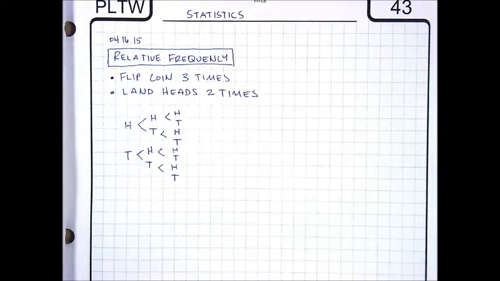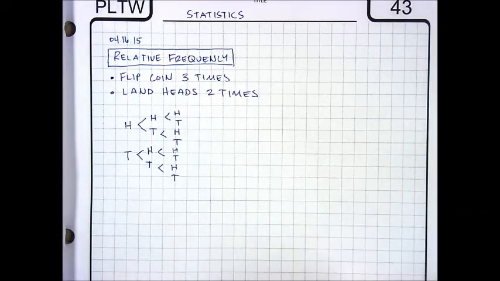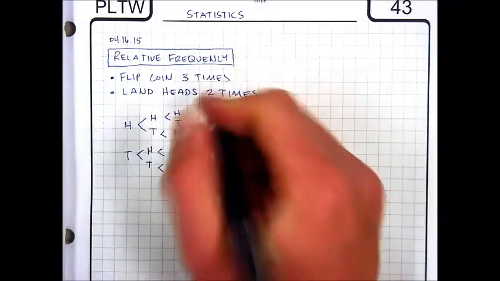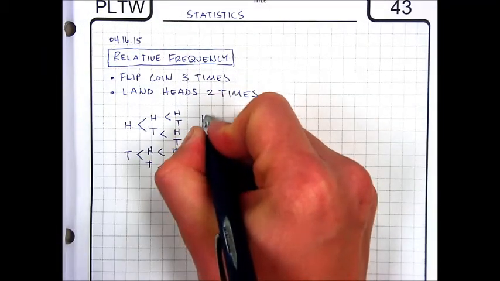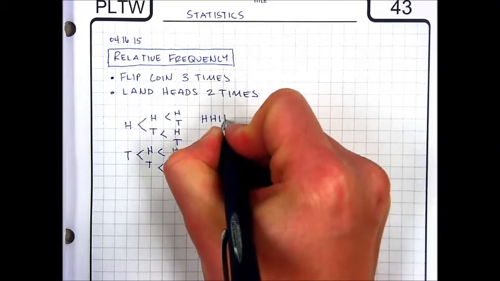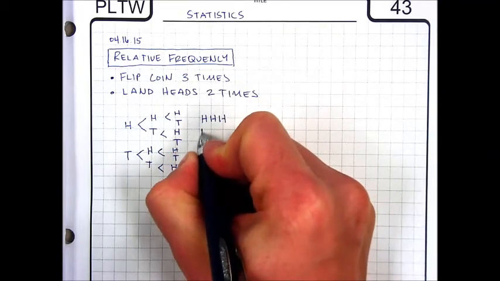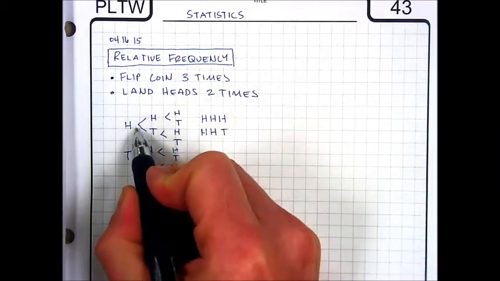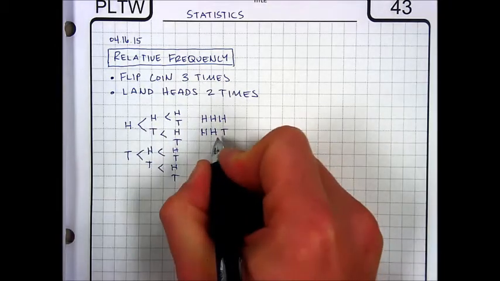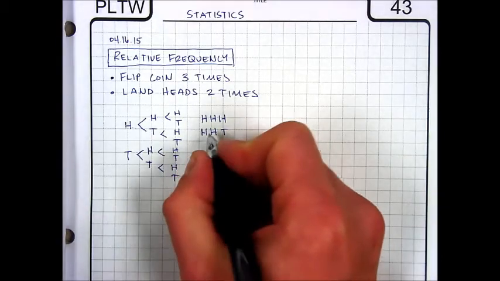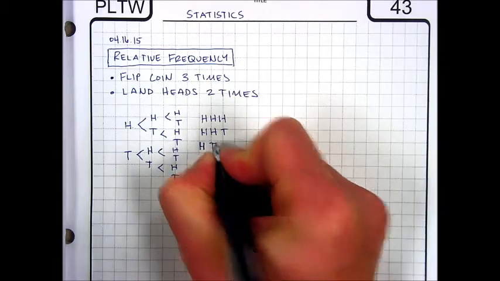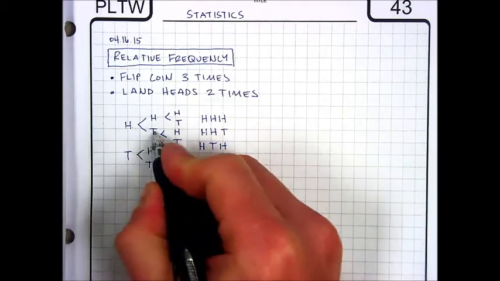And so let's see how many options there were to get 2 heads. The first option, we had head, head, head. The second, head, head, tail. The third option we had is head, tail, head.